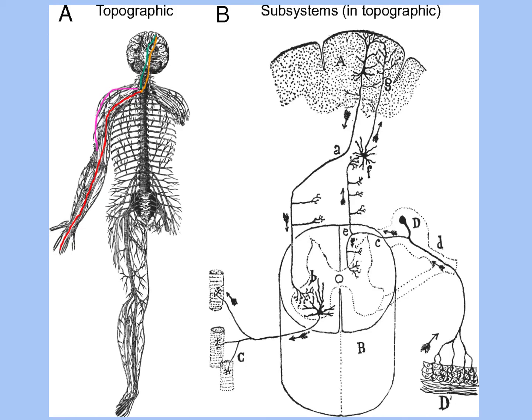So what this figure is showing you in A is at the level of the nerve. You have a sensory nerve here in your finger. It gets stimulated by something.